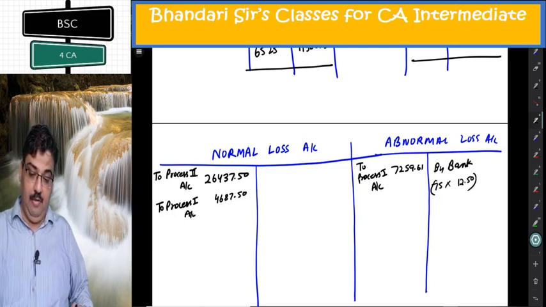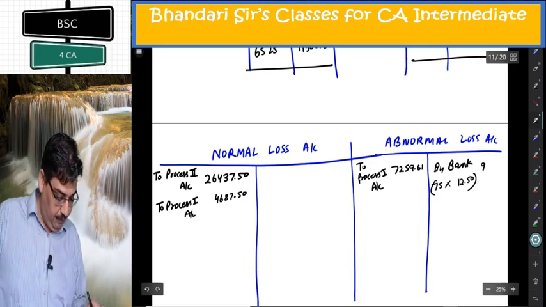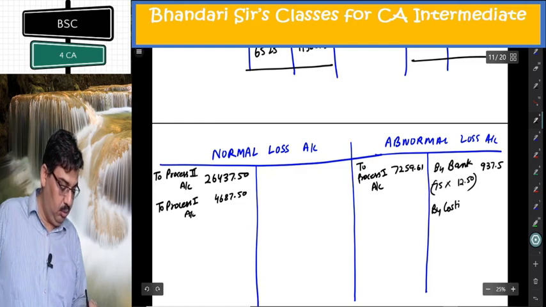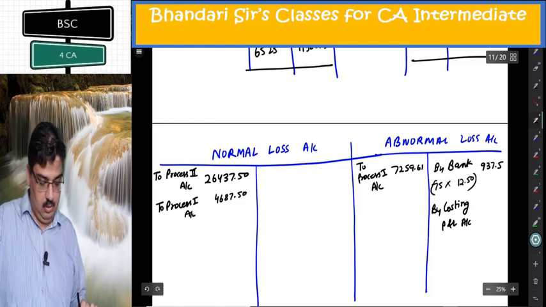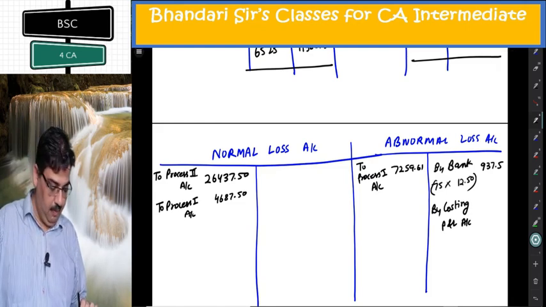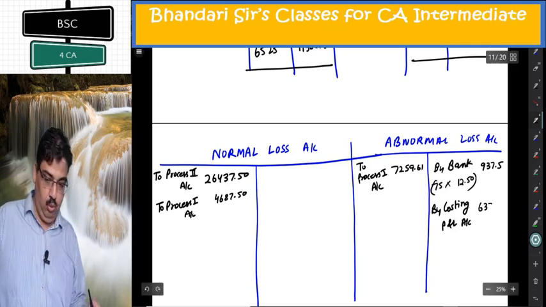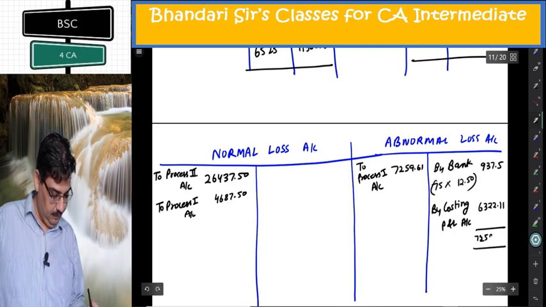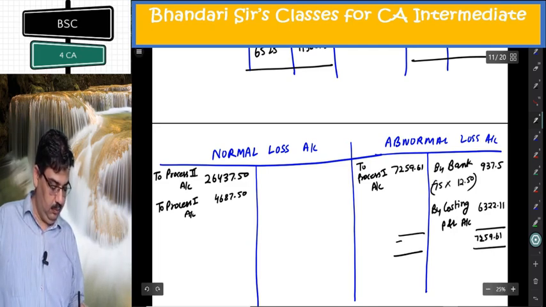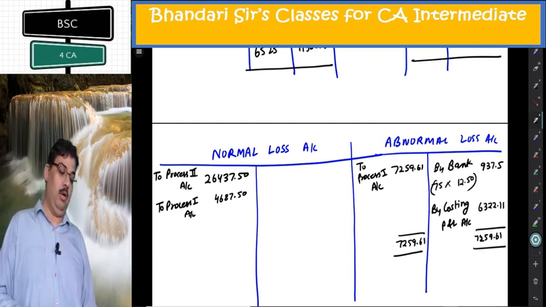So 75 into 12.5. It comes here 937.5. The balancing figure of this goes to costing P&L account. 7259.61. This is 6322.11. This is the total. This is complete. Abnormal loss account is gone.